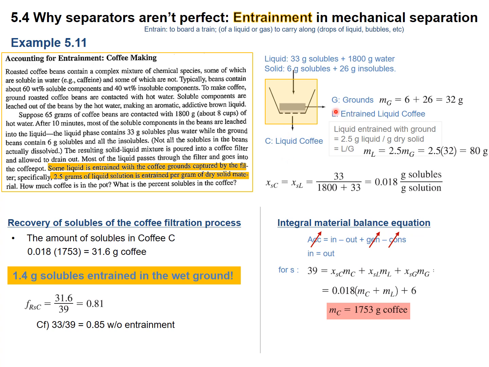What is that? Extracted solubles was 33 gram, and the total amount of liquid is 33 gram plus the water amount. Then this mass fraction is 0.018 gram solubles per gram solution. That is the mass fraction.